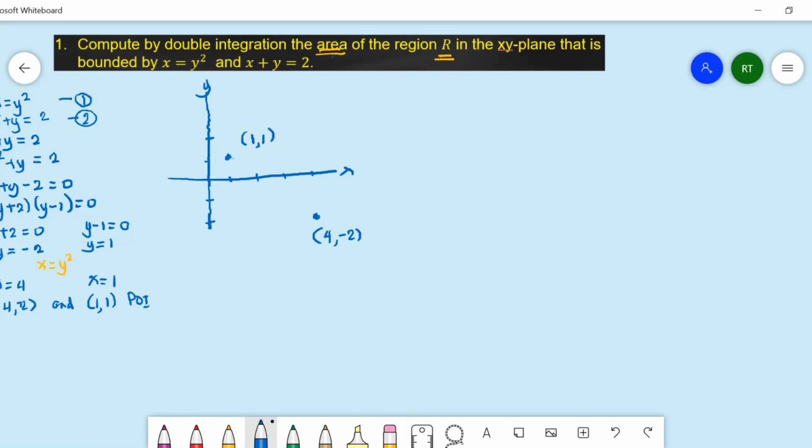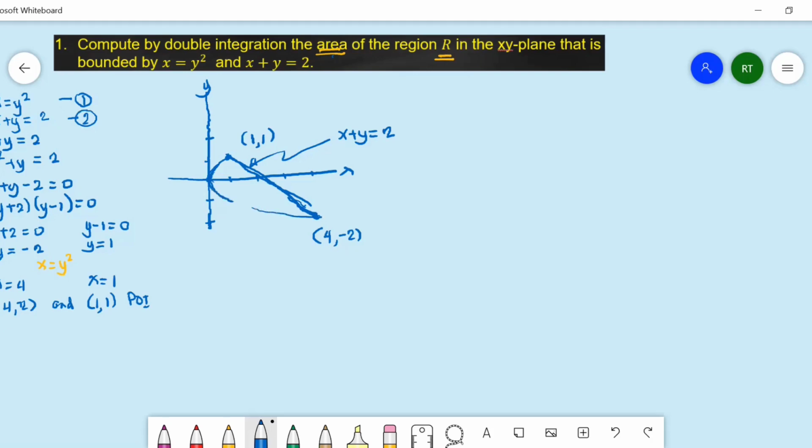So we can now draw the line x plus y is equal to 2. Take note that two points determine a straight line. So just connect the two points of intersection, and this line represents x plus y is equal to 2. And we can now draw the parabola x is equal to y squared, which is a parabola opening to the right with vertex at 0, 0.